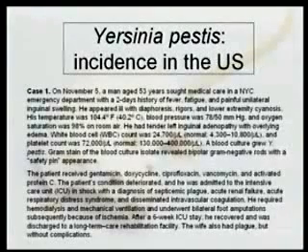Case number 1: on November 5, a 53-year-old man sought medical care in a New York City emergency department with a 2-day history of fever, fatigue, and painful unilateral inguinal swelling. Unilateral inguinal swelling, a very, very important clue.